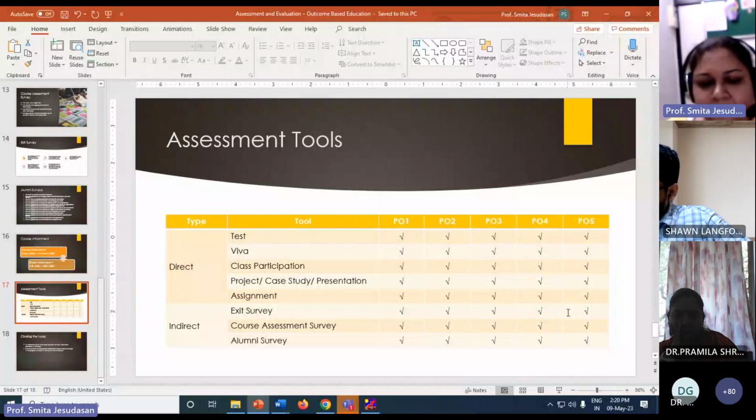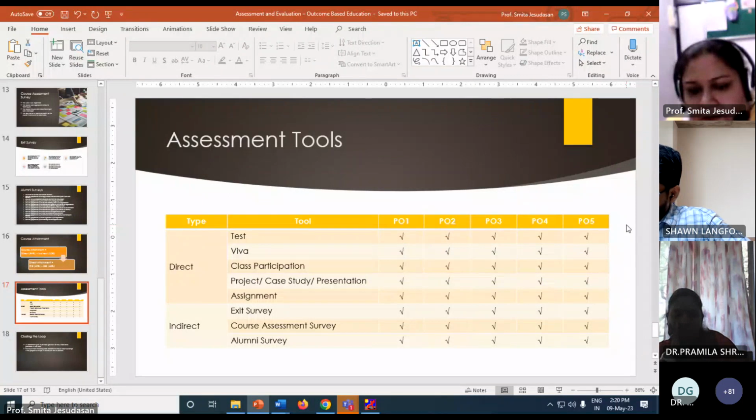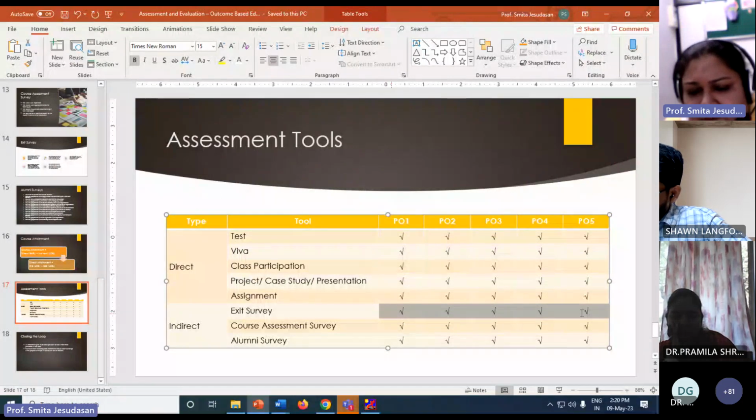A faculty member prepares it for a particular course, but then it has to be combined at the program level. We need to know which tool is used for which program outcome. Now, for example, the exit survey is directly linked to the program outcomes. So this has a tick mark.